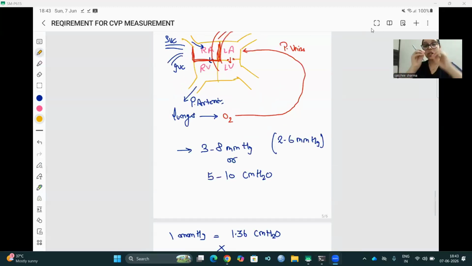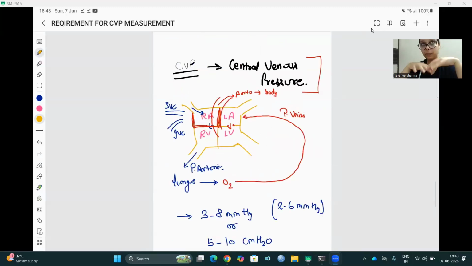Because if the patient is dehydrated, the inferior vena cava and superior vena cava will carry less blood, and that less blood will pool into the right atrium. So the central venous pressure will also be decreased. So if the central venous pressure is decreased, it means the patient is dehydrated, right?